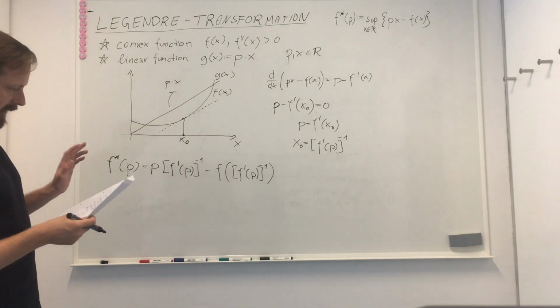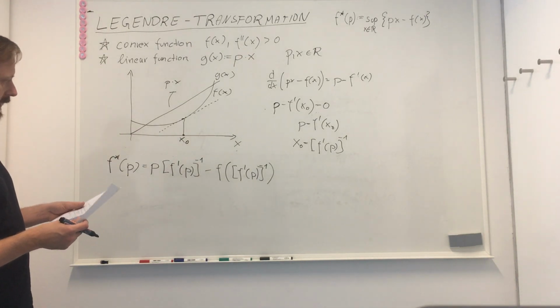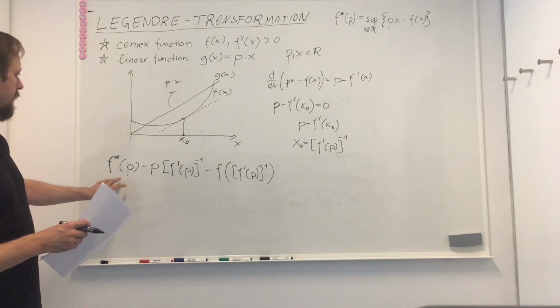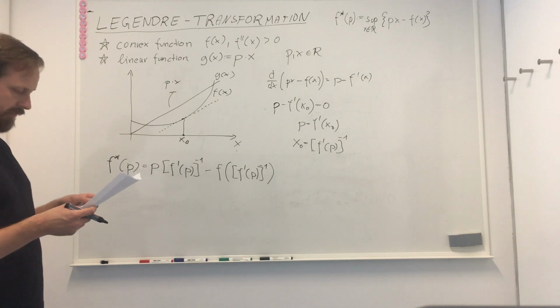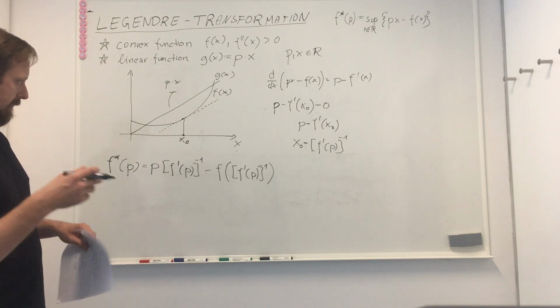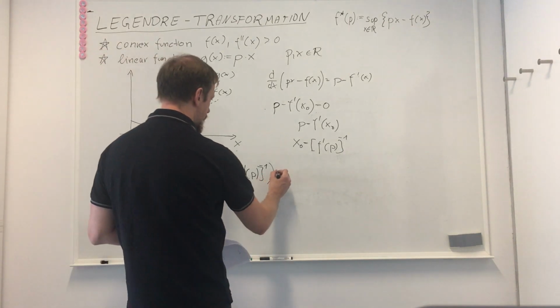So actually we have now finished finding f star of p. The next step is that I would like to write it in a more concise manner.